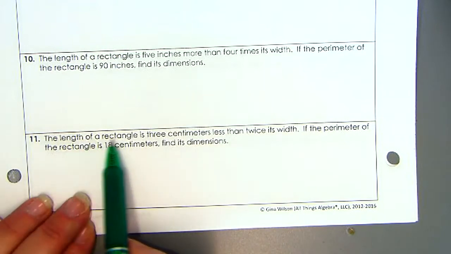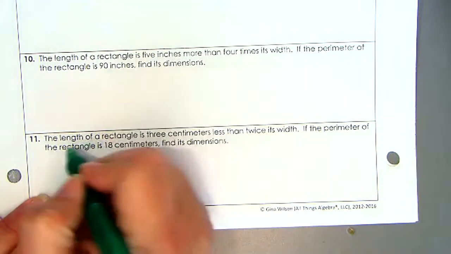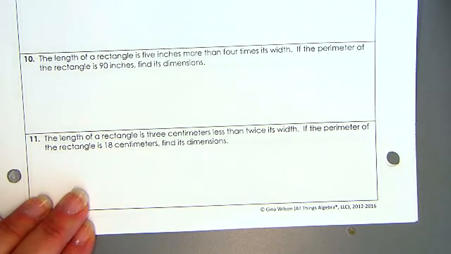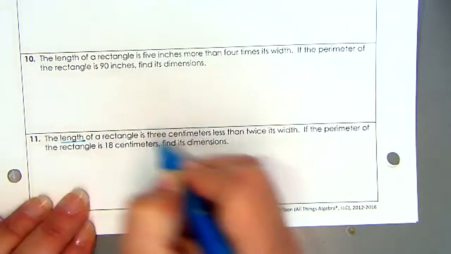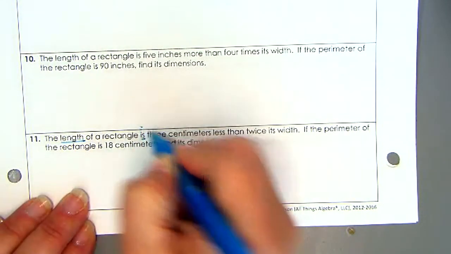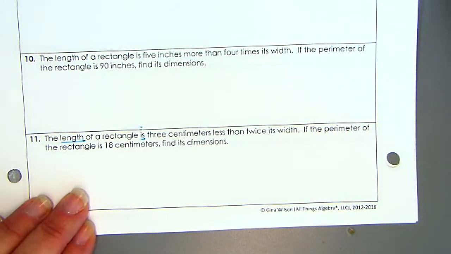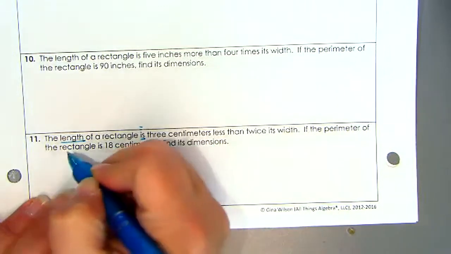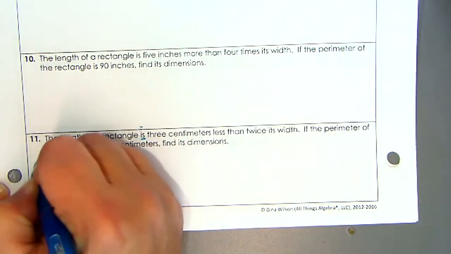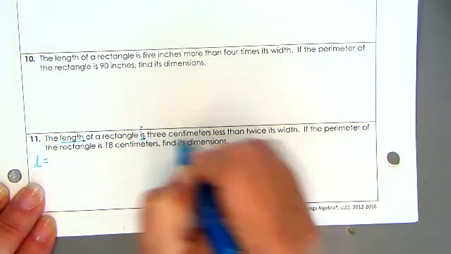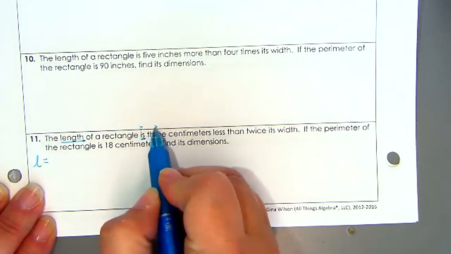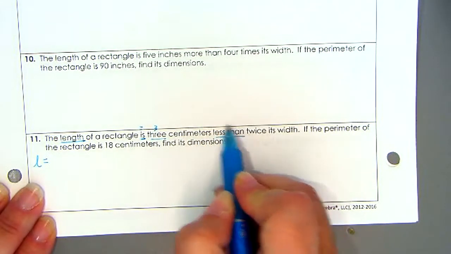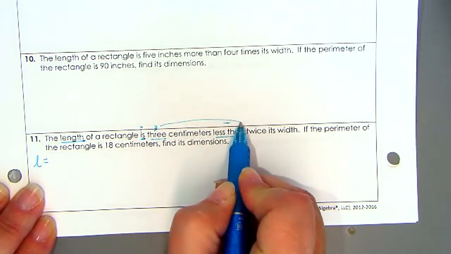It says the length of the rectangle is 3 centimeters. I like to work these. Okay, length is, so that means L equals 3 centimeters less than, so that's subtraction, but it's that reverse order again.